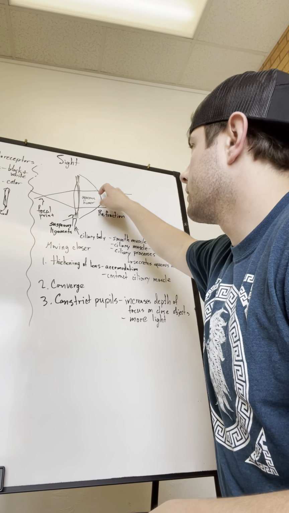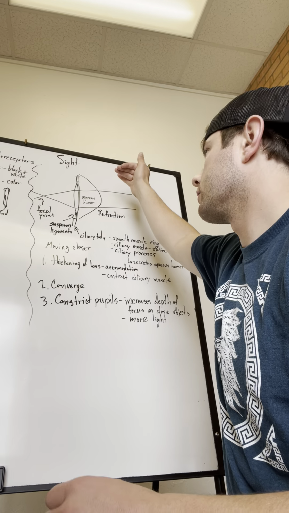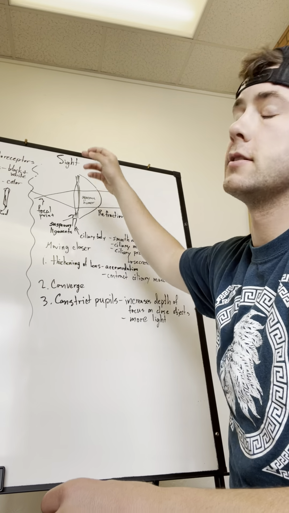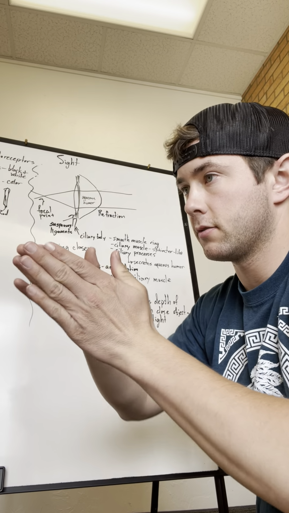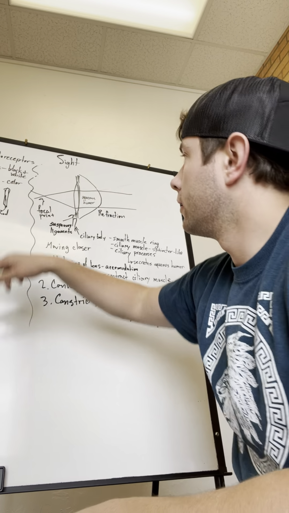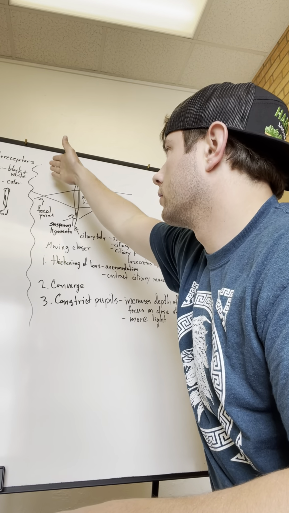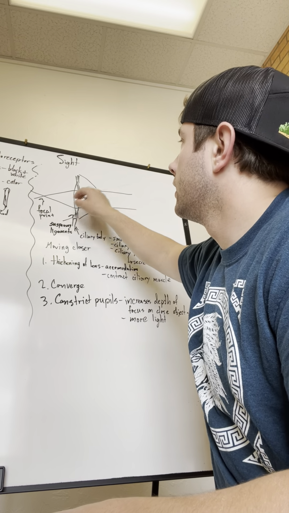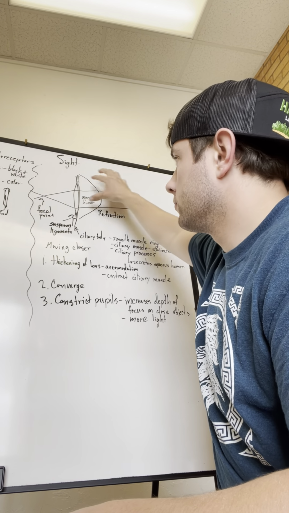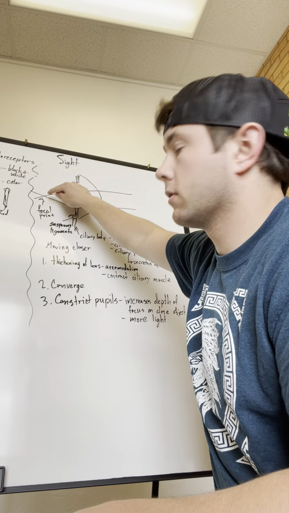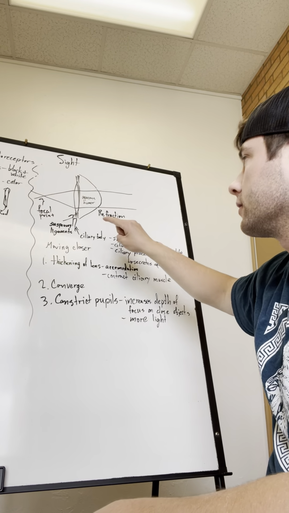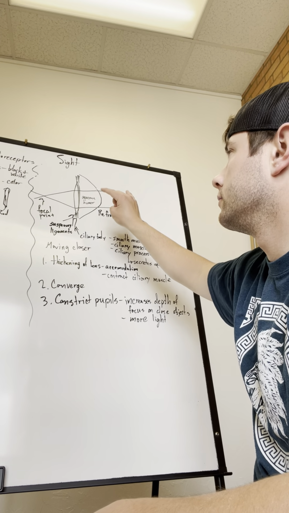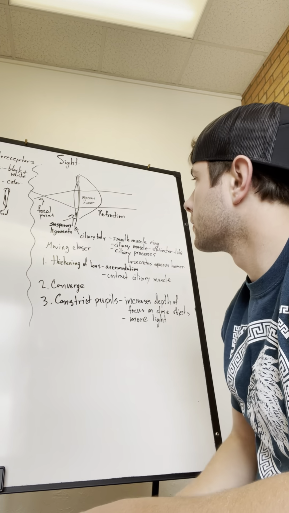Once you've bent it the first time via the cornea, it's going to hit the lens, and the lens will make minute adjustments such that the light focuses onto the back of your eye, the retina. The light will converge to what is called the focal point, and that's all made possible by the bending, the refraction done by the cornea and the lens.